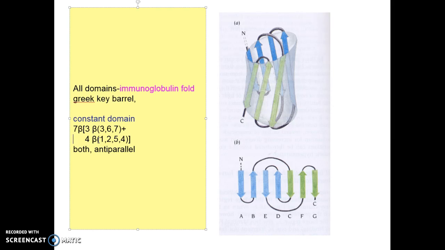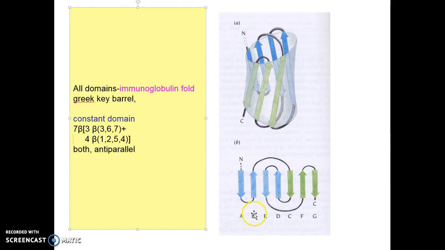The sheets are closely packed against each other, and even though the actual structure consists of two separate beta sheets, it is convenient to regard the topology as a form of Greek key barrel.